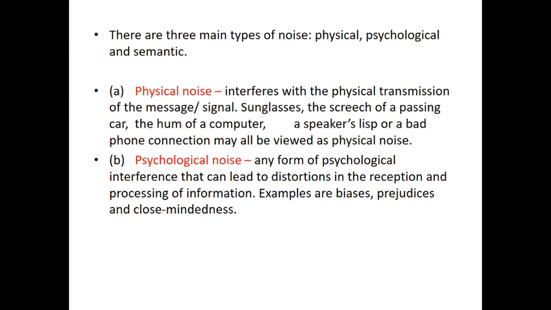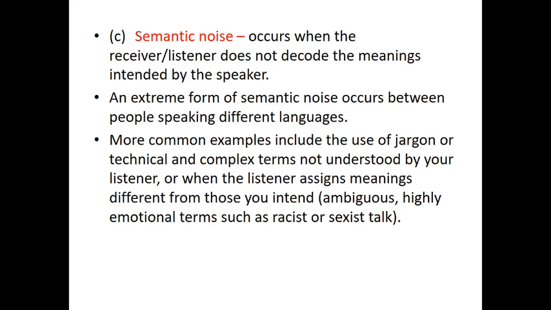Psychological. Any form of psychological interference that can lead to distortions in the reception and processing of information. Examples: the bias, prejudices, close mindedness. Semantic noise occurs when the receiver listener does not decode the meaning intended by the speaker. It happens between people speaking different languages.